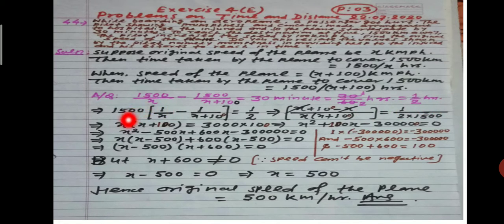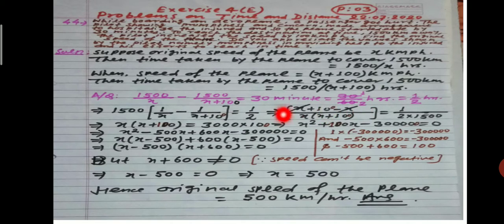Now 1500 is common here, so 1 by x will be left here, minus 1 upon x plus 100 will be left here, is equal to 1 upon 2. Now take the LCM of x and x plus 100, which will be x into x plus 100. Then x plus 100 multiplied by 1 will be x plus 100, and x multiplied by 1 will be minus x.